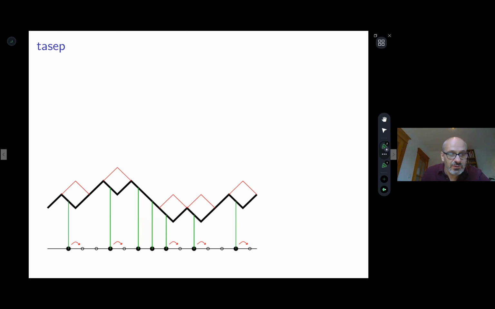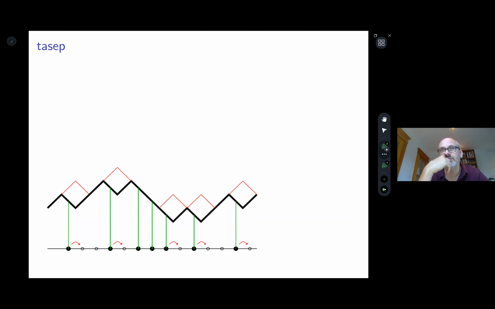And now another object is TASEP. So what's TASEP? You just have an evolving interface. You can think of it this way: the particles jump to the right as long as there is nobody there.